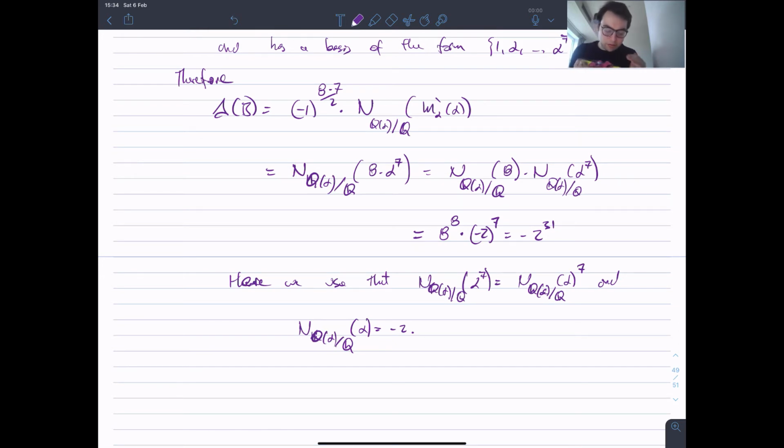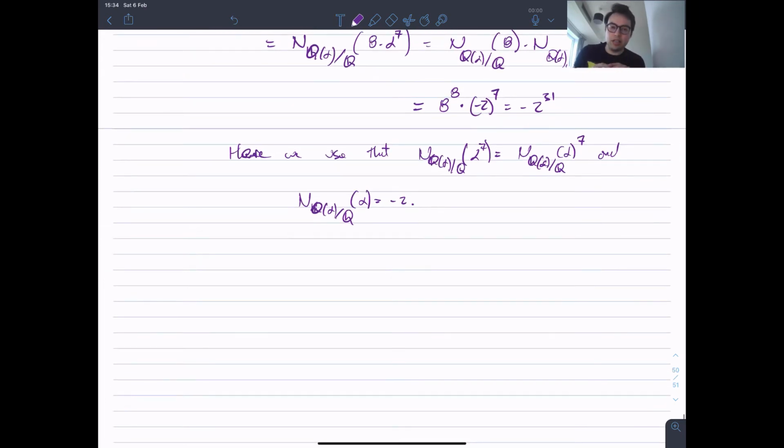Now that we have these formulas for discriminants, let me give you some lemmas which are going to help us in computing an integral basis, which is all about computing some sort of discriminants. So here's a useful lemma, 2.2.21.